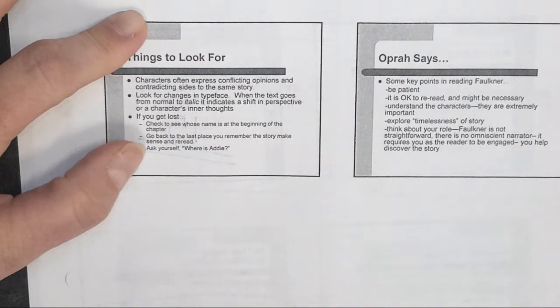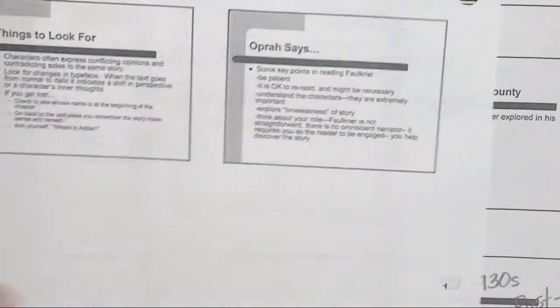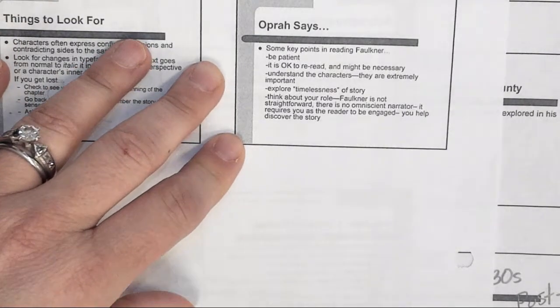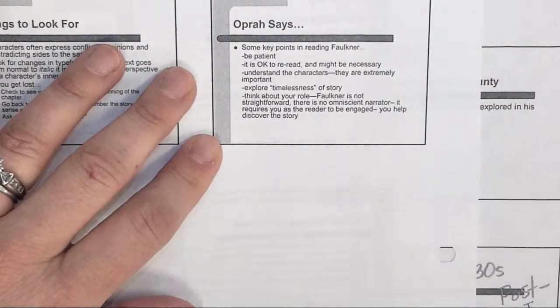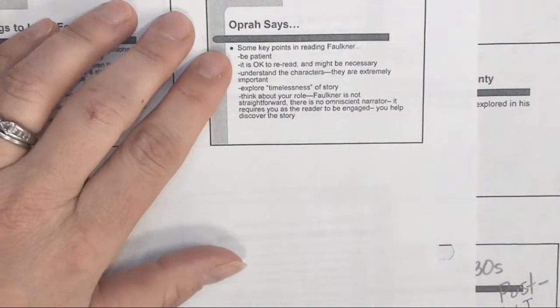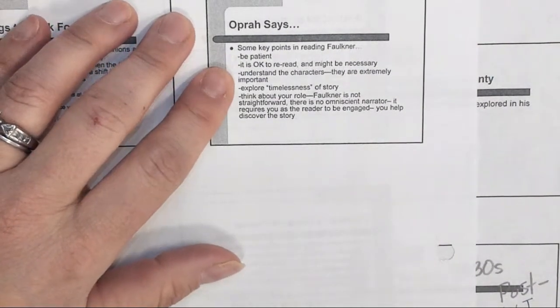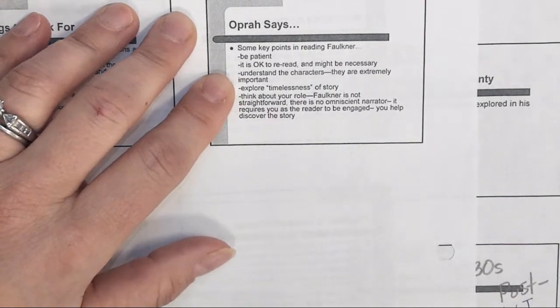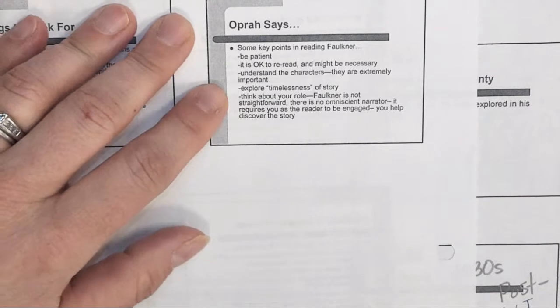where is Addie? Okay? So Oprah actually had this book as part of her book club one year. All right? And so she gives some additional suggestions as well. Some key points in reading Faulkner. Be patient. It is okay to reread, and it might be necessary to reread. Understand the characters.